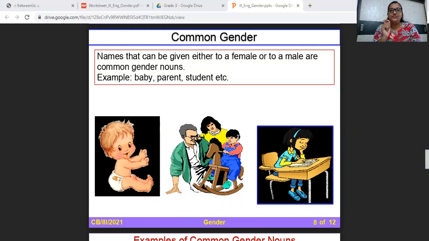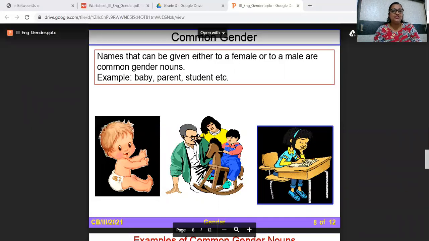I'm pointing to the word student, meaning anybody in this class. It's not denoting whether it is a male or female. So this word can be used for both boy student and girl student. The words which can be used either for a male or for a female are called common gender.